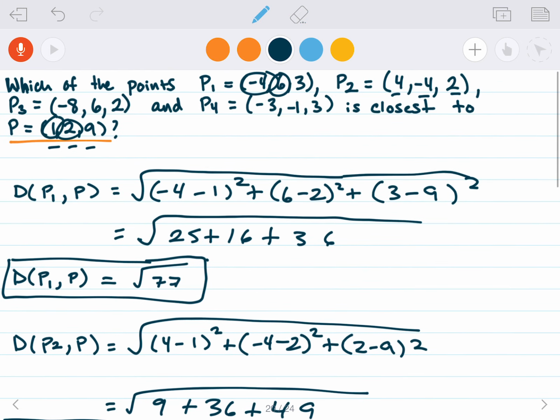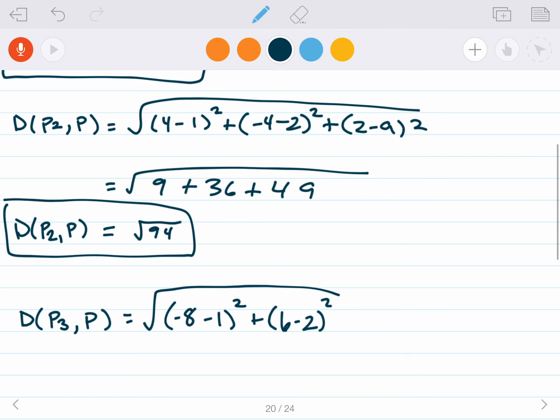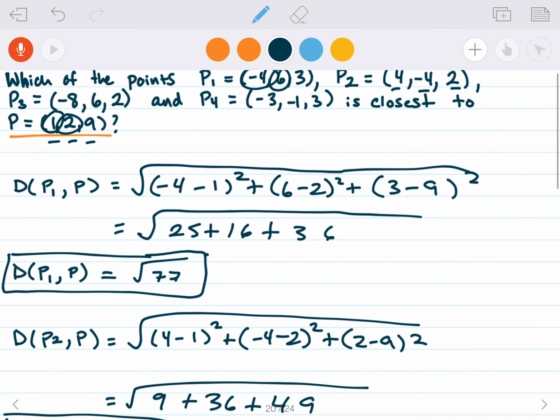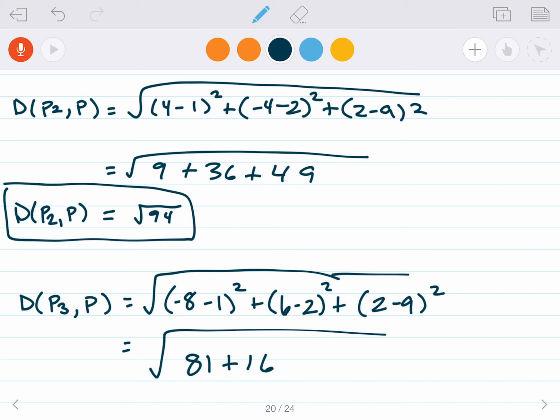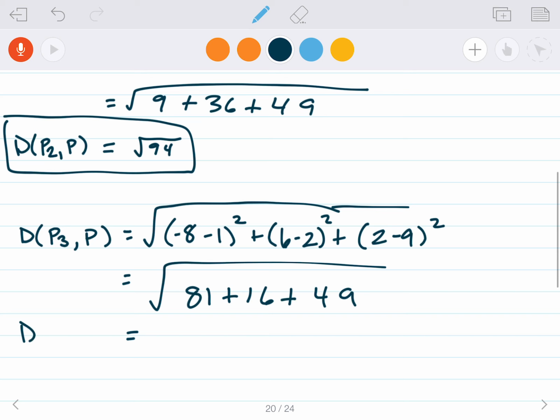Negative 8 minus 1 squared, 6 minus 2, and then finally 2 minus 9. So I get the square root of 146.